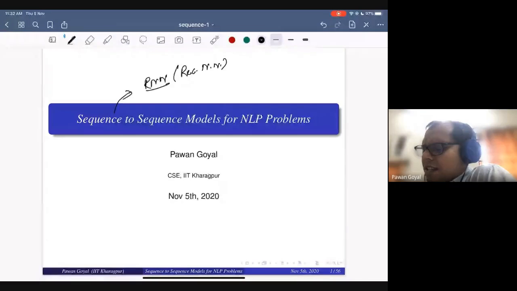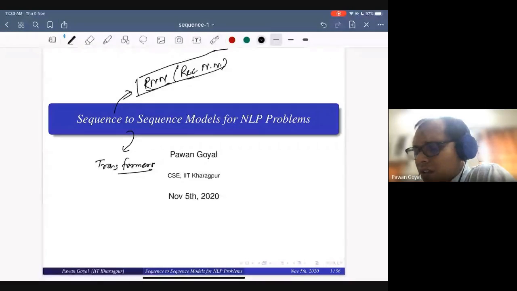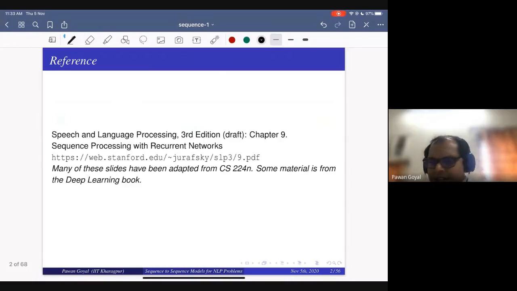After RNNs, there are things like transformers that have become very popular, but I think they will be covered in some other session. So we are focusing mainly on RNN models and how you use these for sequence-to-sequence problems. And yeah, let's try to understand that.